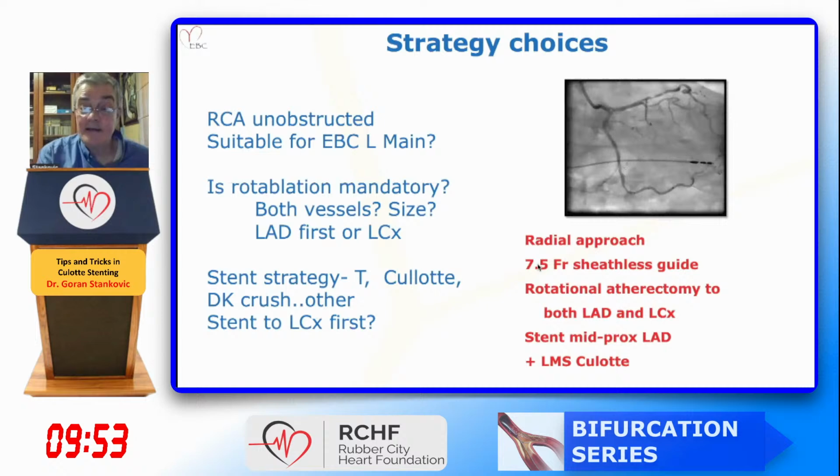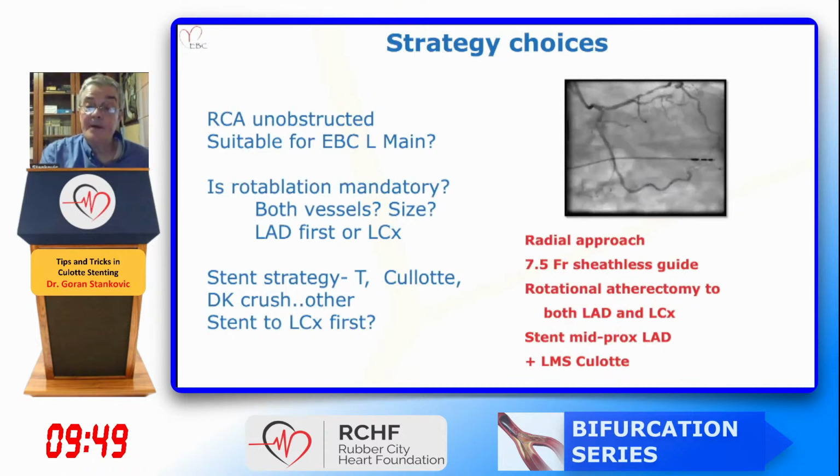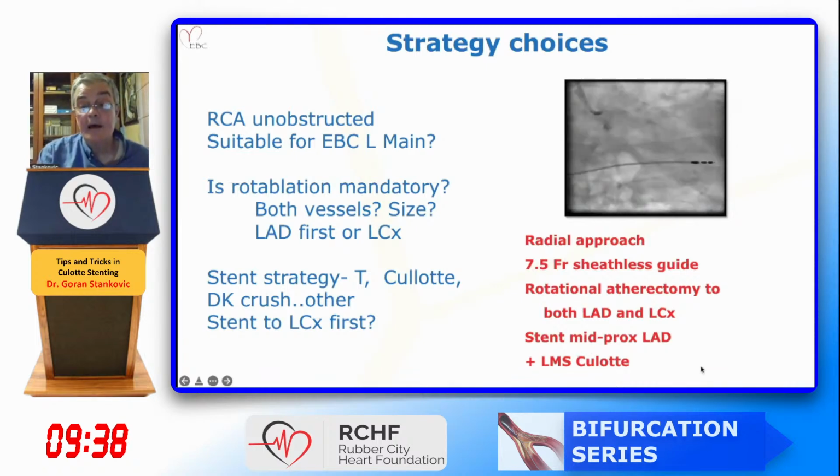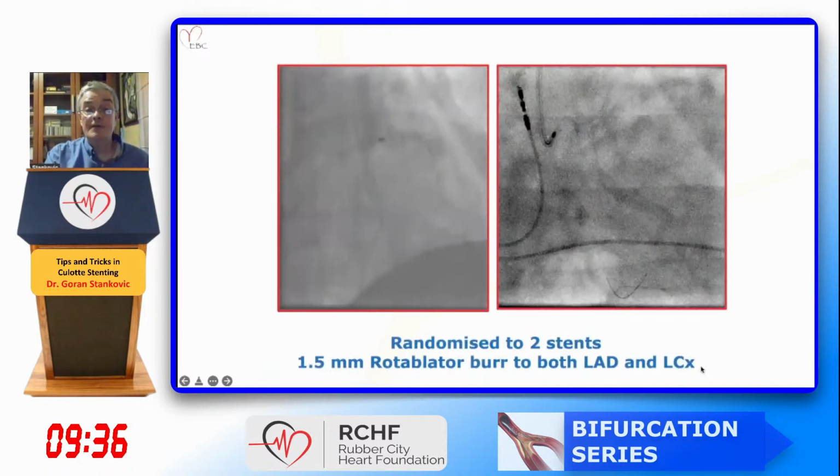7.5 French sheathless guide, radial, rotational atherectomy for lesion preparation in both LAD and the circ, stenting first this tight lesion in the mid LAD, and then doing culotte stenting because patient is randomized to 2 stents.